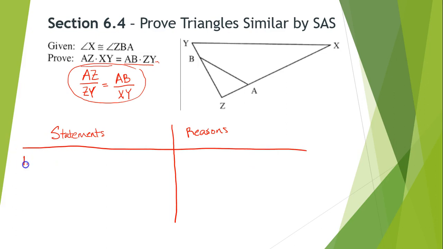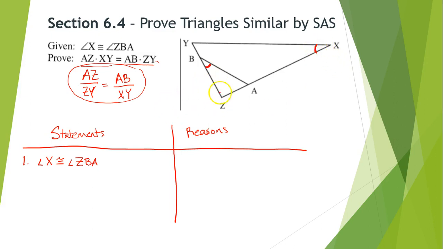So statement number 1, let's go ahead and write down the given information. Angle X is congruent to angle ZBA. So angle X, I'm going to mark those, and ZBA, this one right here. So we know two angles are congruent.